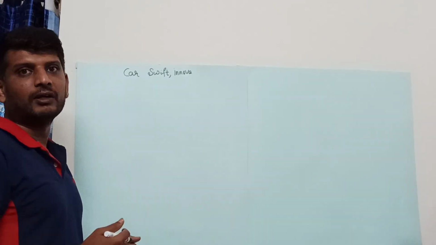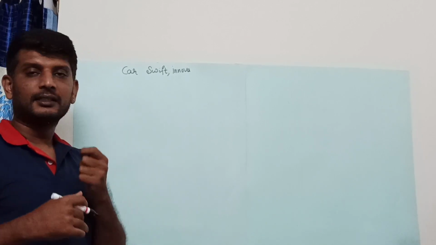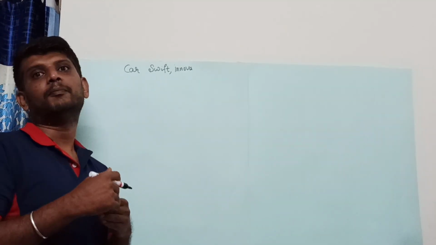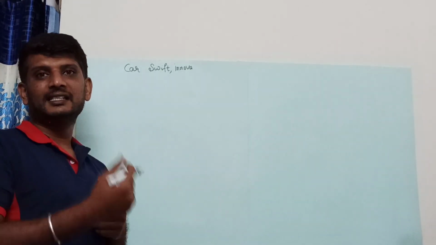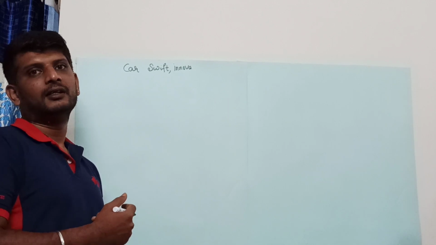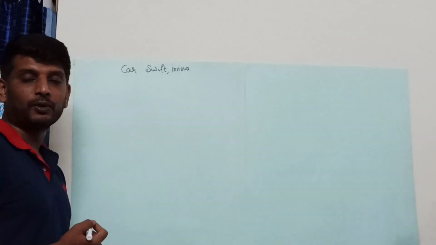Like this, we will write a program, create a class, and create multiple objects for a single class, and we will try to access the functions by making use of the multiple objects. Now I will write a simple program.